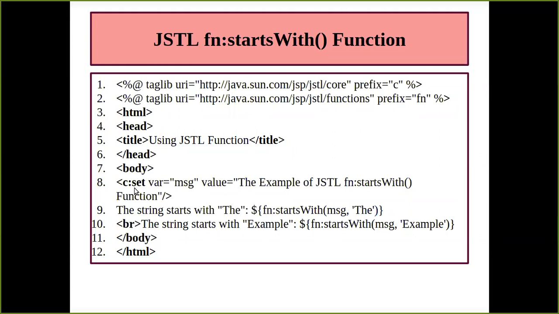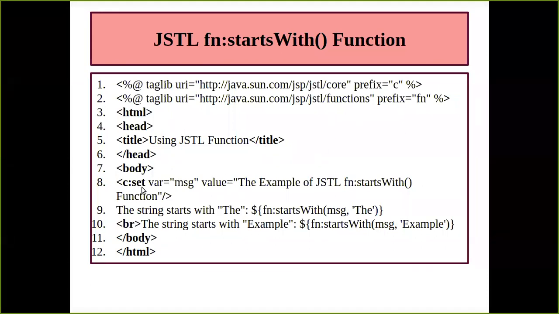If you can see over here, if I'm writing c:set, what does it mean? The set tag, which comes under the core tag, I'm using it. Why are we making use of this set tag? Why can't we just go with the function tag? Because the core tag is meant for variable support, like variable declaration. It holds the values of the variables, and it can have flow control also. So many things the core tag is defined for.